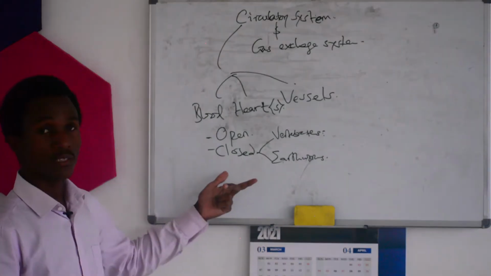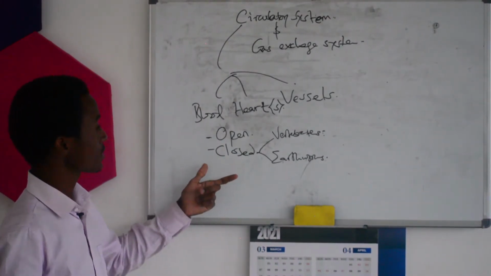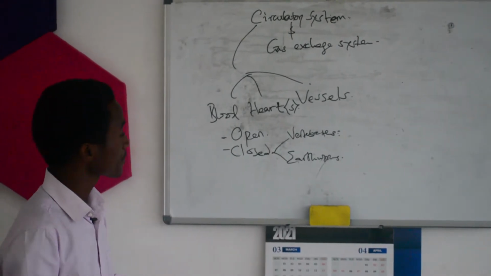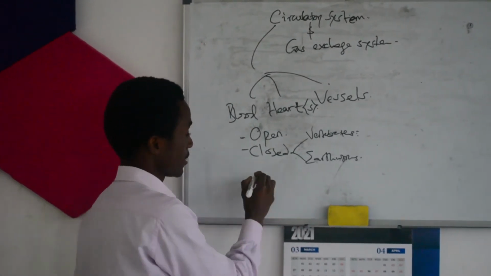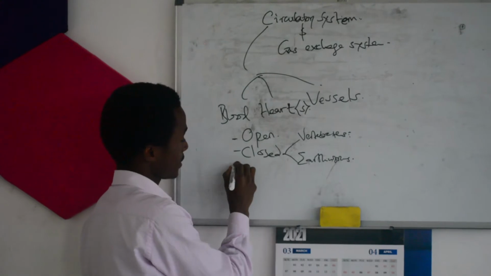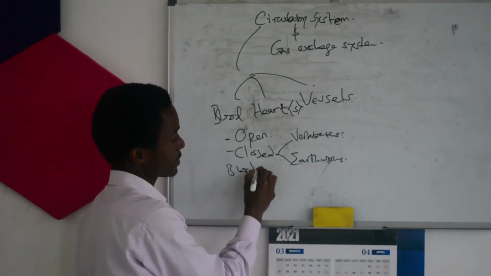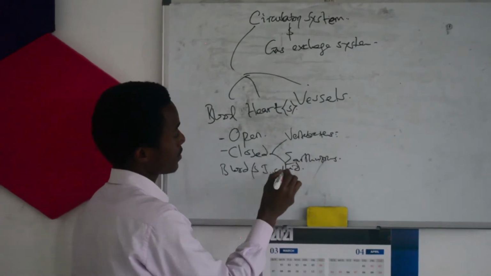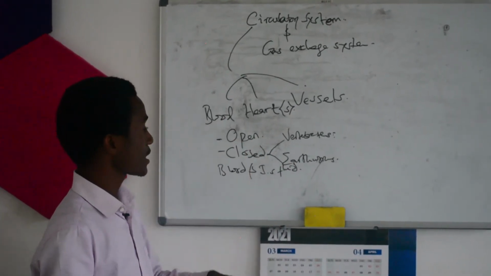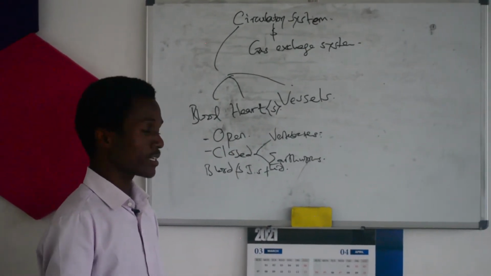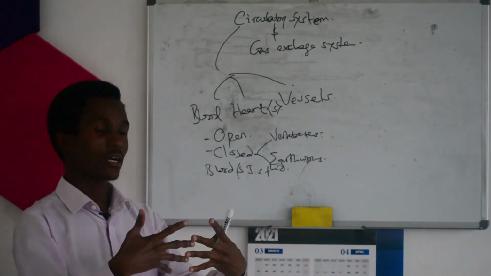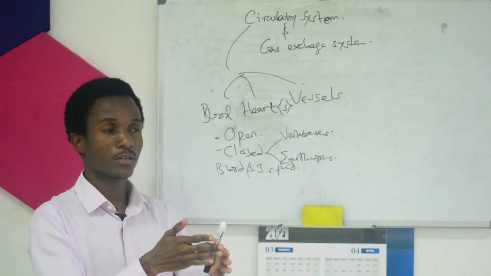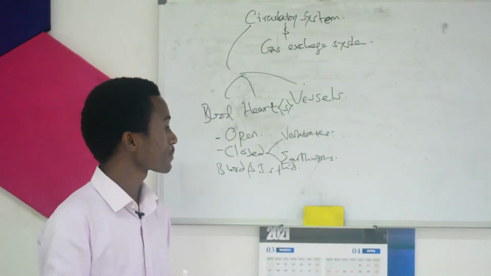What makes the closed circulatory system different from the open circulatory system is the partitioning of the blood and interstitial fluid. With the open circulatory system, blood and interstitial fluid have a connection. There's no demarcation or separation between the two.